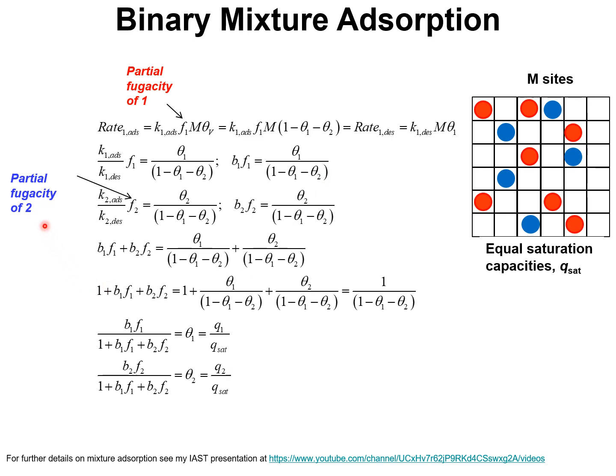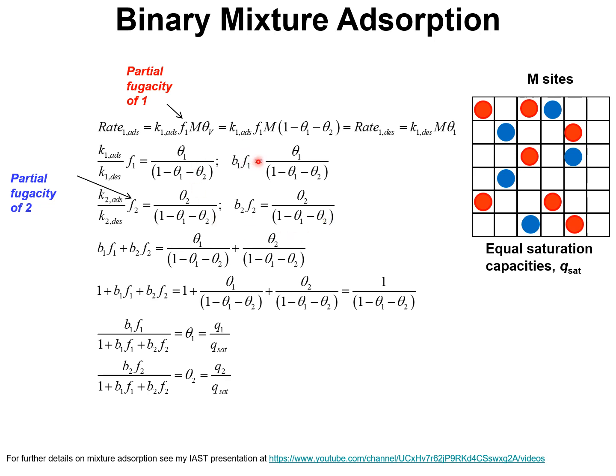And precisely analogously, we can write the expression for the rates of adsorption of component 2 and desorption of component 2, and we derive B2F2 equals theta 2, which is the fractional occupancy of component 2, divided by 1 minus theta 1 minus theta 2.